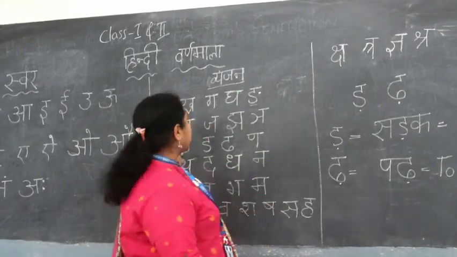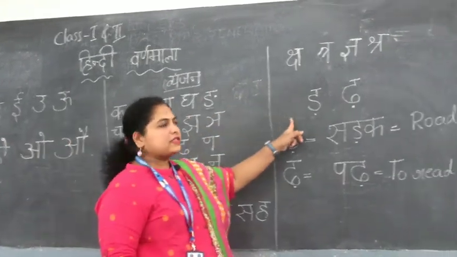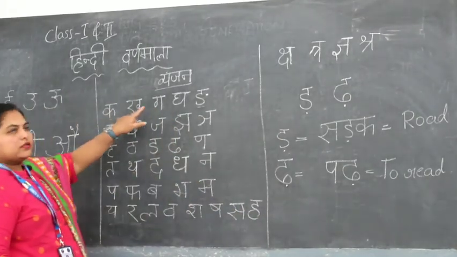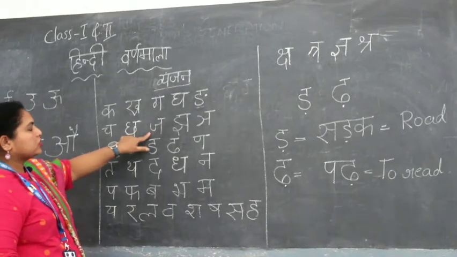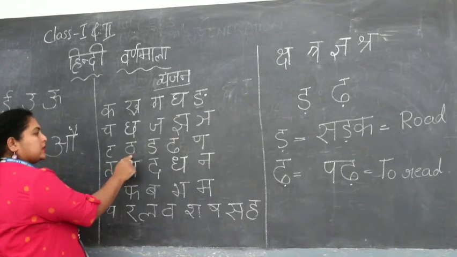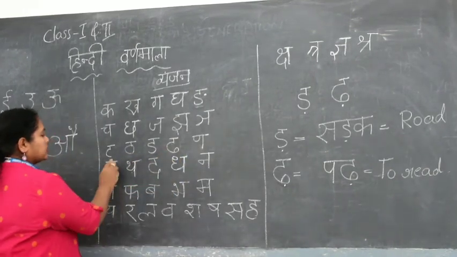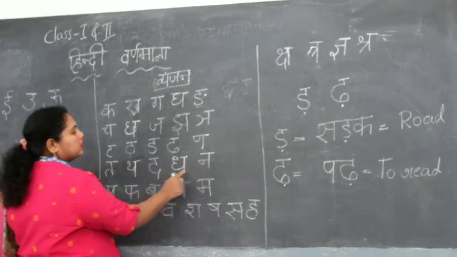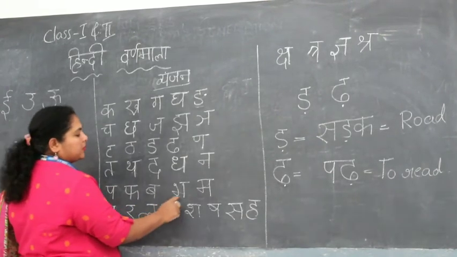Okay, so I'll read it again for you all from ka to ha, and then we'll see da and dha. Ka, kha, ga, gha, nya. Cha, chha, ja, jha, nya. Ta, tha, da, dha, na. Ta, okay, ta is this way. Ta, tha, da, dha, na. Pa, pha, ba, bha, ma.